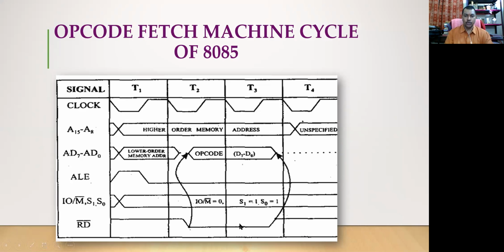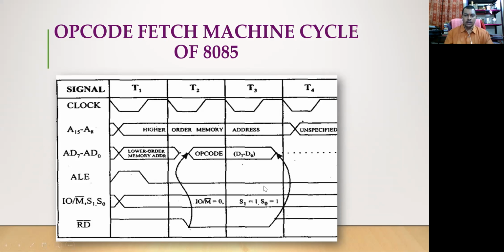When input output memory bar is 0, S1 is 1 and S0 is 1, the data is read from the memory to the microprocessor. This is the whole signal sequence which is performed for each and every opcode to be fetched from the program which we are trying to write.